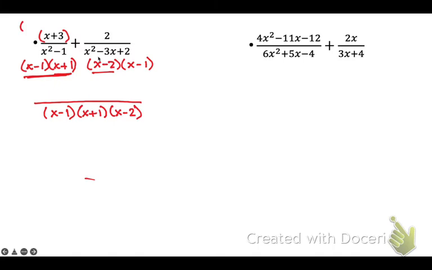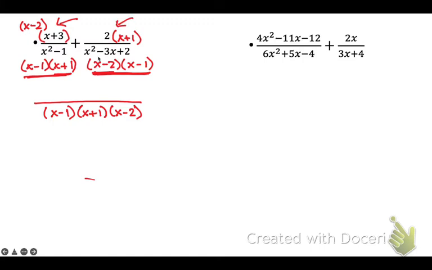So over here, I need to do x minus 2, correct? And what do I need to multiply this 2 by? What's missing here? X plus 1. So I have to FOIL these, don't I? And I have to distribute the 2 here.